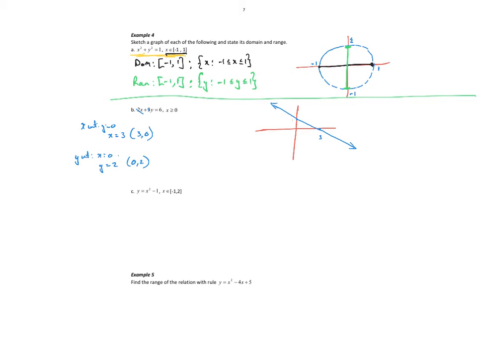Now let's have a look at my graph here, and it says I'm only sketching it for the values of x that are greater than or equal to 0, which means greater than or equal to, solid dot. I'm only going to sketch this graph for those x values, which means for the x values that are less than 0, those y values don't exist.